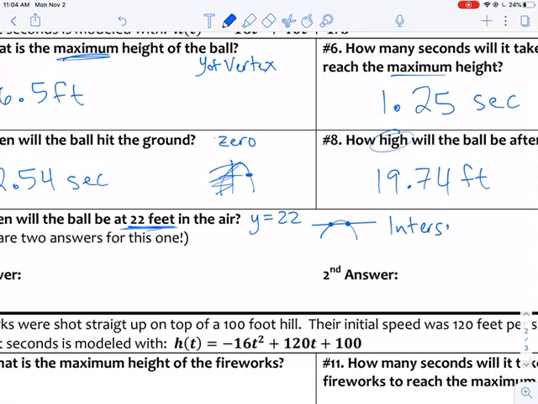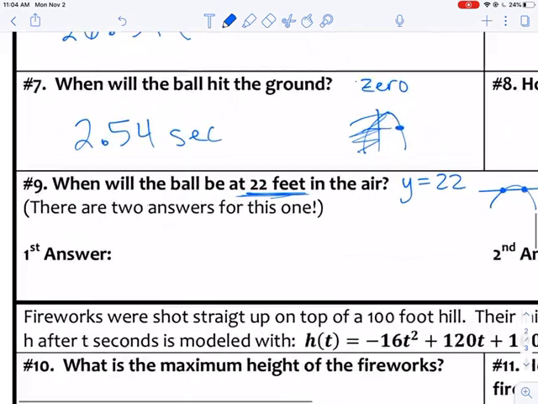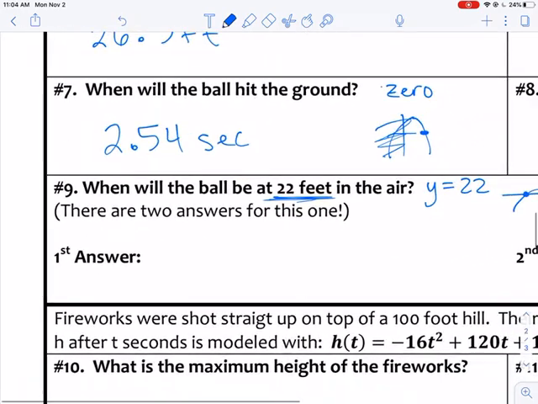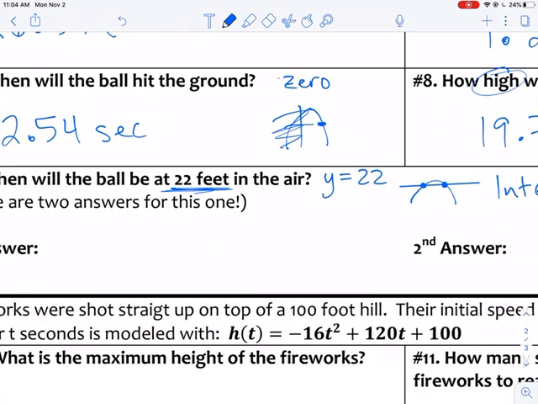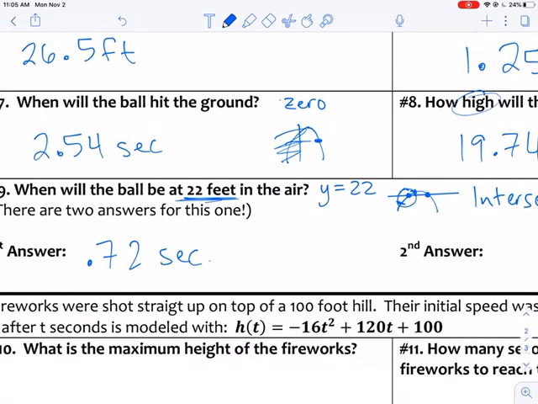That is your intersection, okay? So once you put in y equals 22, you're going to go back to your graph, and you're going to do second trace, intersect, and then on each intersect, you'll do your left bound, right bound, and you will get your first answer of 0.72 seconds is where they're going to intersect.